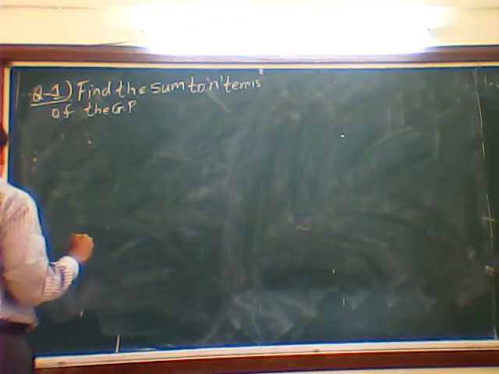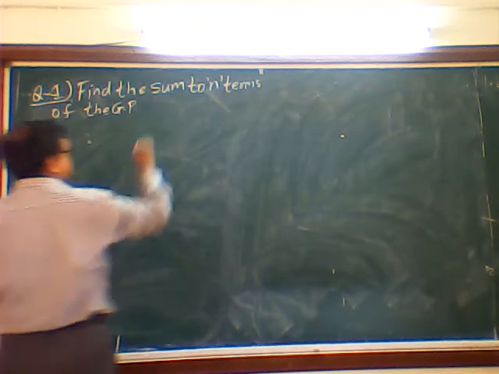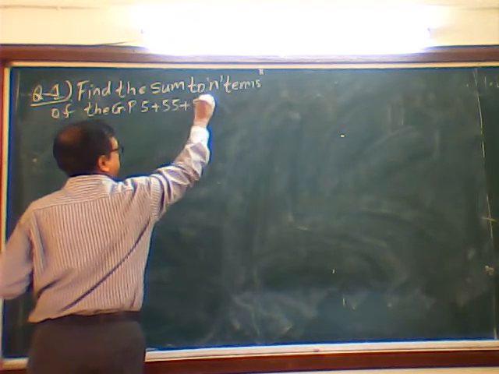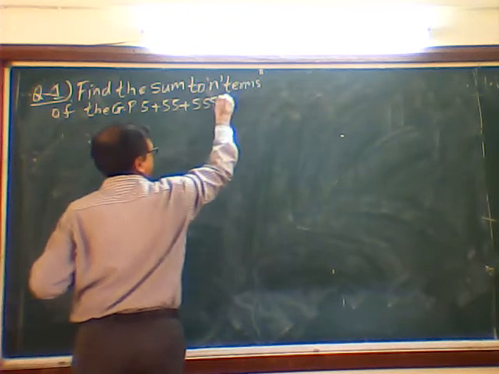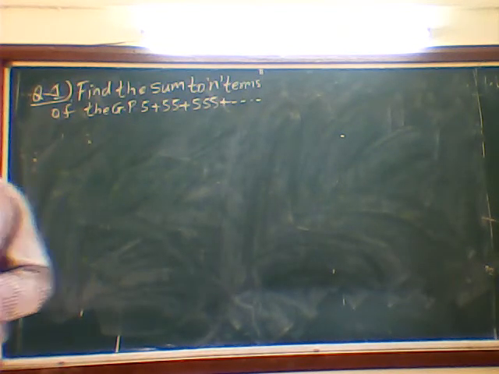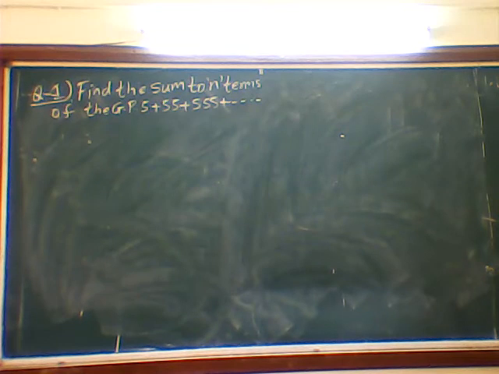Find the sum to n terms of the GP: 5 plus 55 plus 555 plus dot dot dot. Okay, find the sum to n terms of the GP 5 plus 55 plus 555 plus dot dot dot.